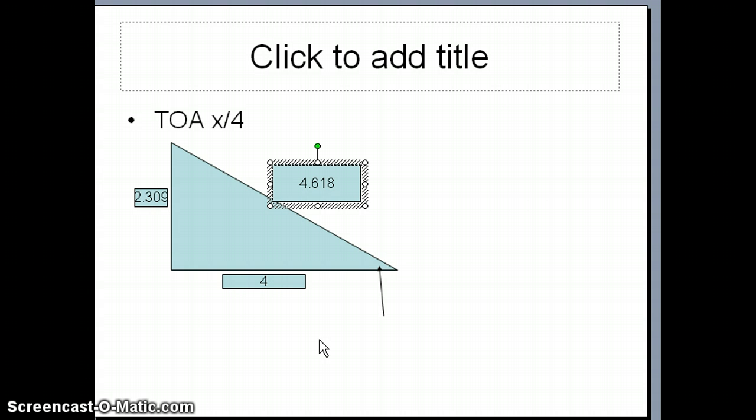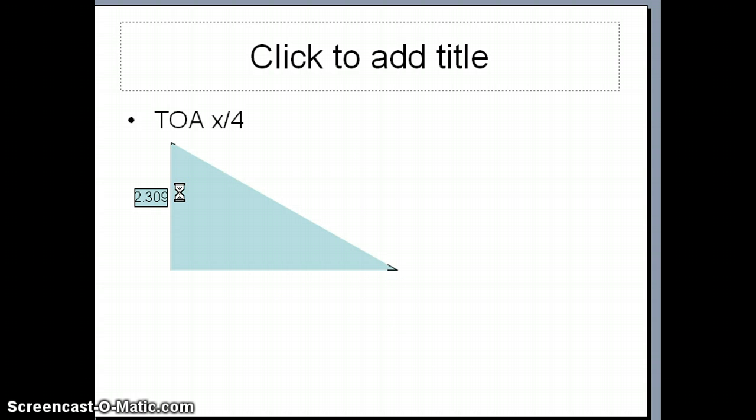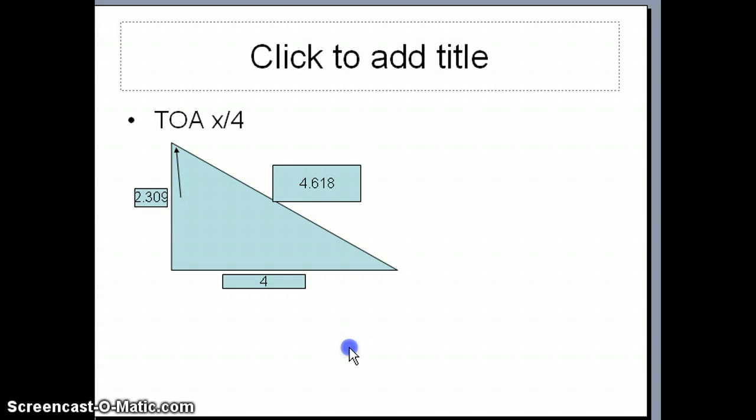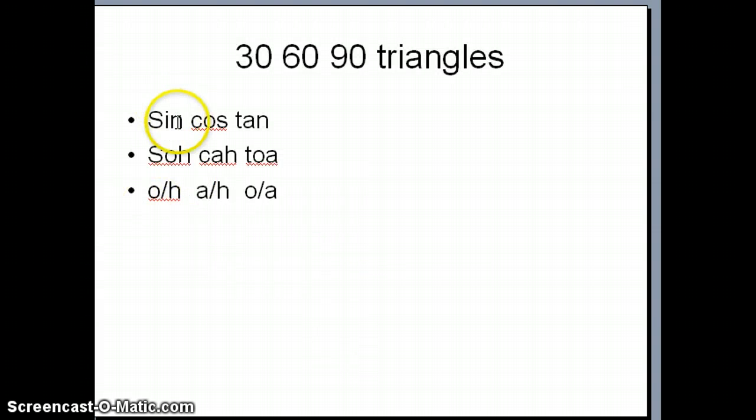Now, since we've got this, we can try our other formulas. First of all, let's look at a different angle. Let's look at this one. That one is a 60-degree angle. Let's check cosine, which, if we go back, is adjacent divided by hypotenuse.